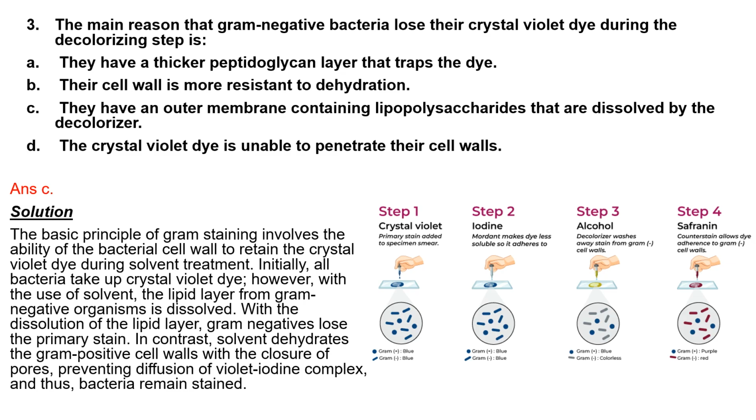And once you do the decolorizing step, the gram-positive bacteria will retain the safranin dye, while the gram-negative bacteria will lose their safranin dye. I think that is what will happen. I will confirm this question; I had read about this much earlier. I think I will confirm the answer in the next class, but that is what I think.